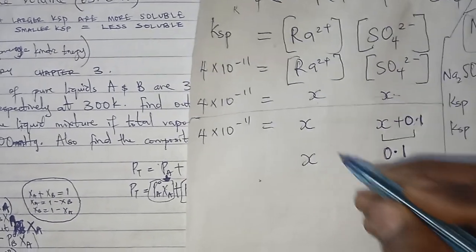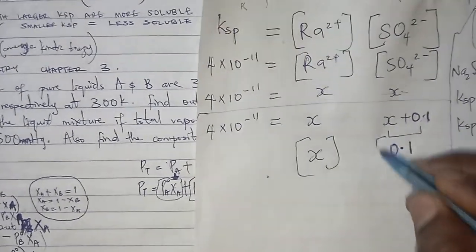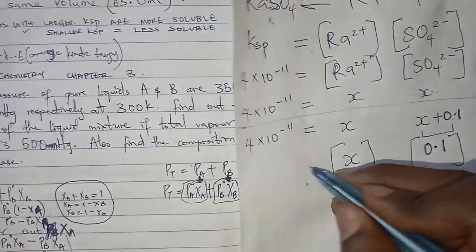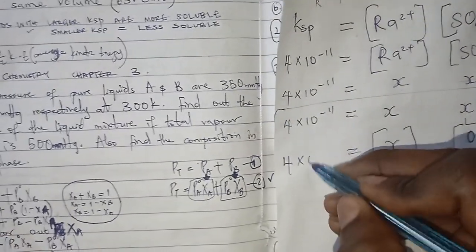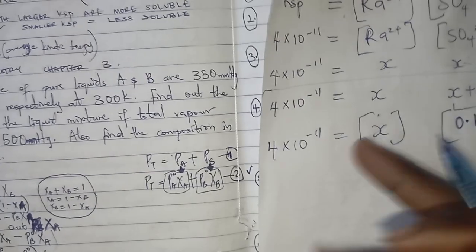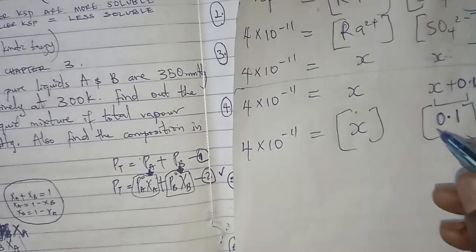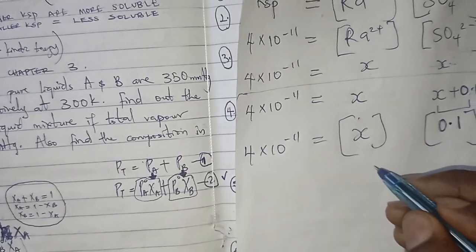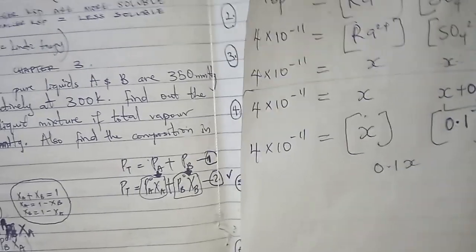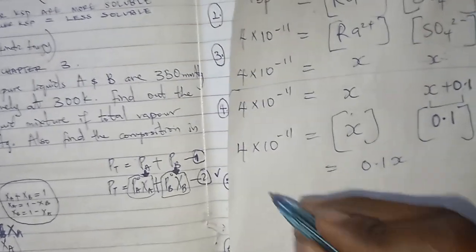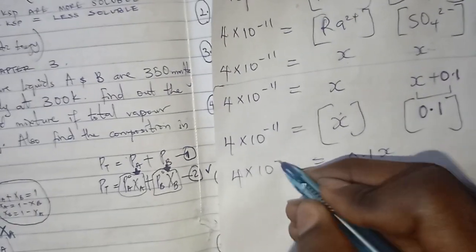So I will now have X. Remember that this will come like this, equals 4 times 10 raised to the power minus 11. So when these two terms combine, it becomes X times 0.1, so 0.1X equals 4 times 10 raised to the power minus 11.